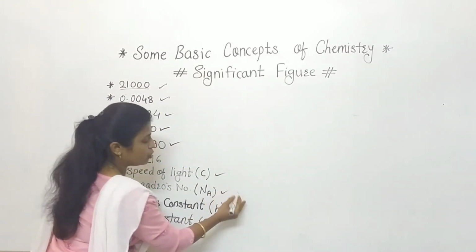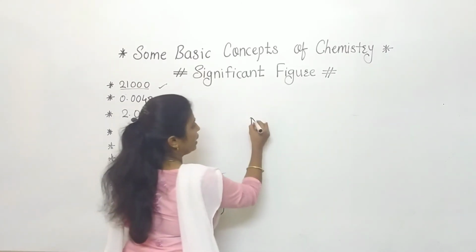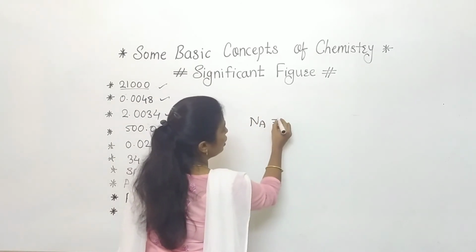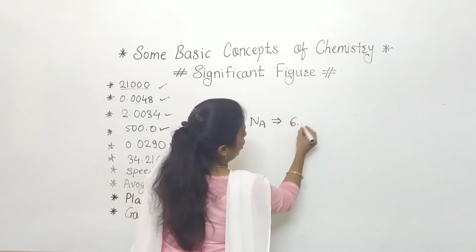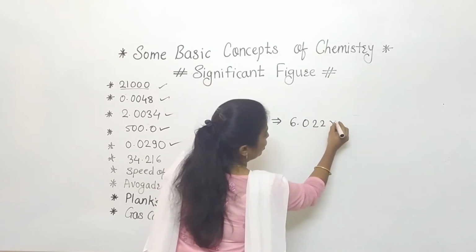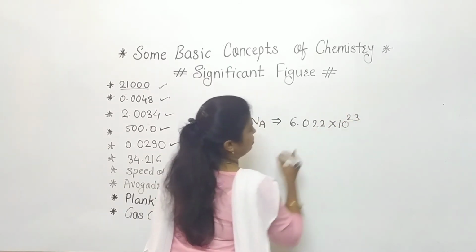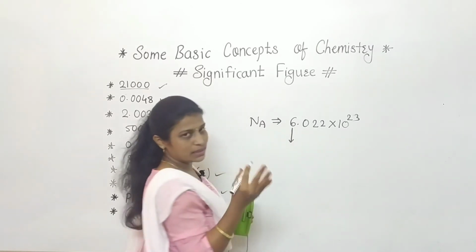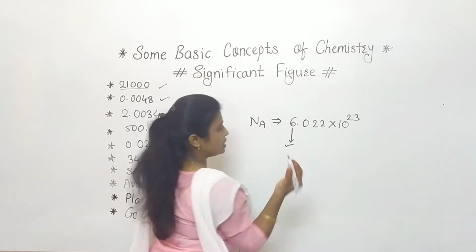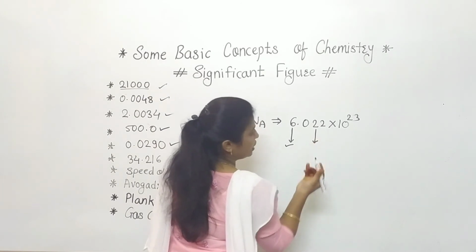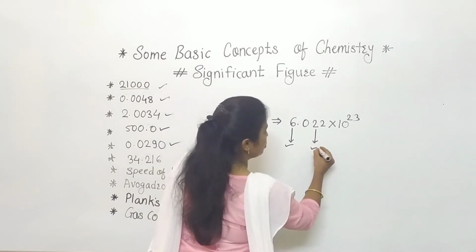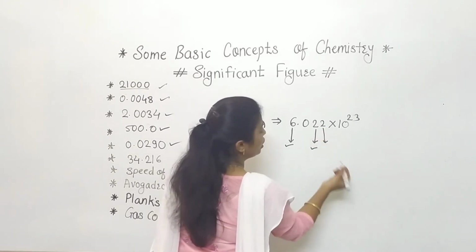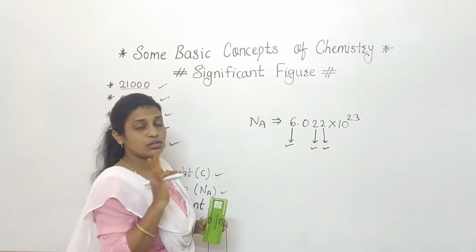Next one, Avogadro's number, which is denoted by Na. The value is 6.022 into 10 raised to 23. Now see, in that, this first one, 6, is not 0, that's why it is significant. This 2 is a digit, so it is also significant. This is also a non-zero digit, so it is also significant.